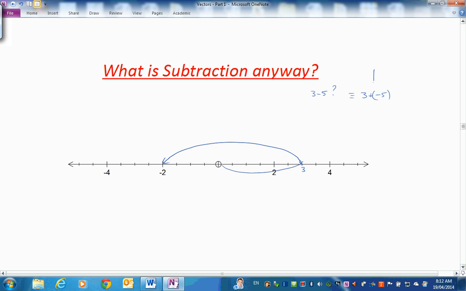The secret here gives rise to saying a positive times a negative is a negative. But what we really need to question is this idea, 3 take 5, how can it have any meaning? How do you get the rules? What you do is you say 3 take 5 means in addition to this vector movement of 3, you now move -5.